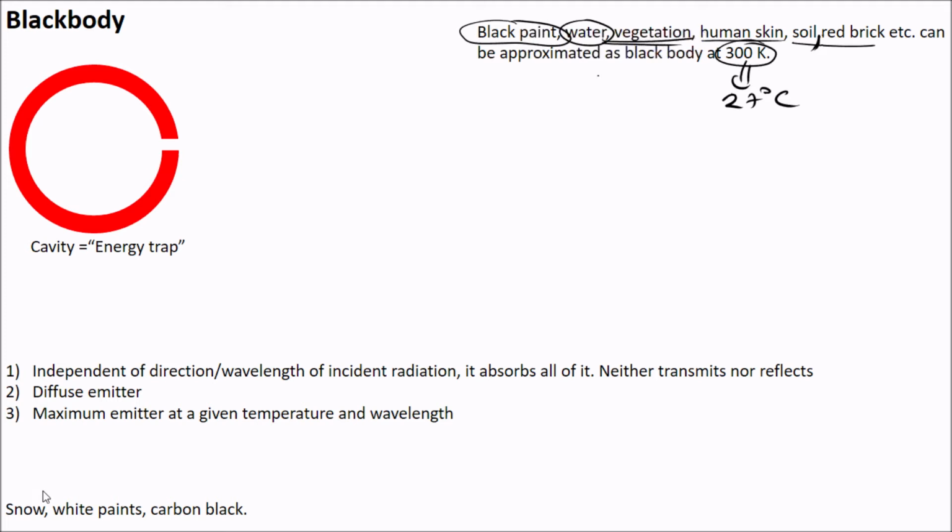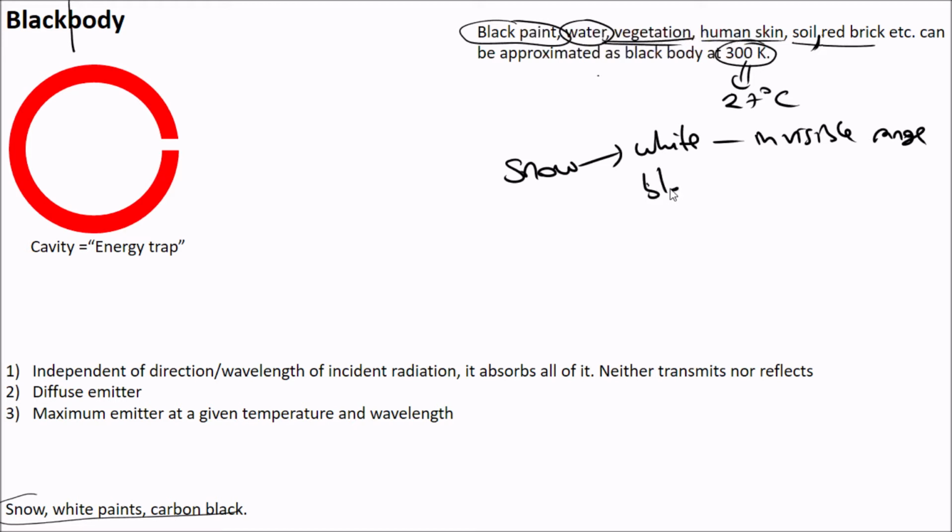Okay. And one more thing we should notice here is that black body doesn't mean that the color is black. For example, I have given some examples here for snow. Snow is white in the visible range because when we see the snow, it is white, it is very clear. But in the infrared range, it is black.